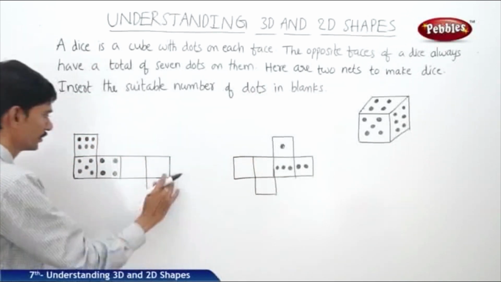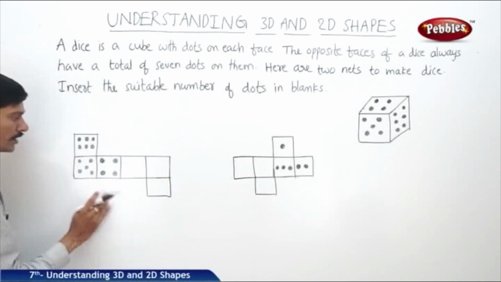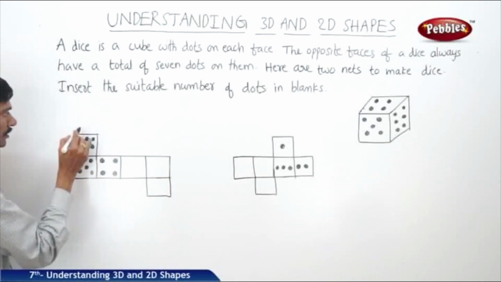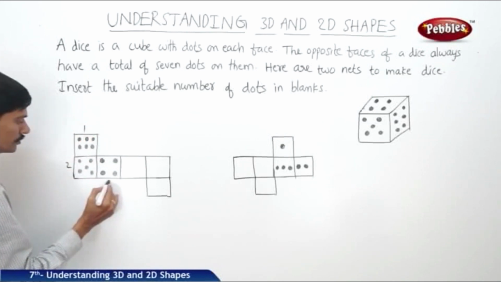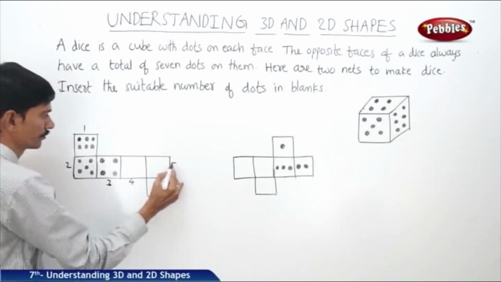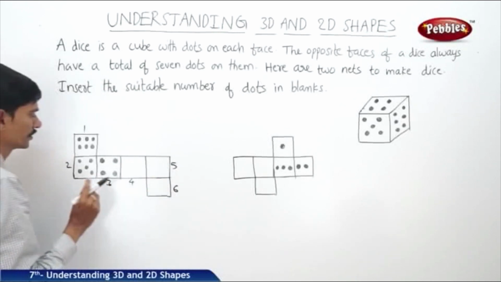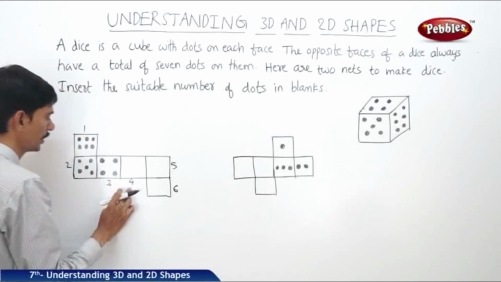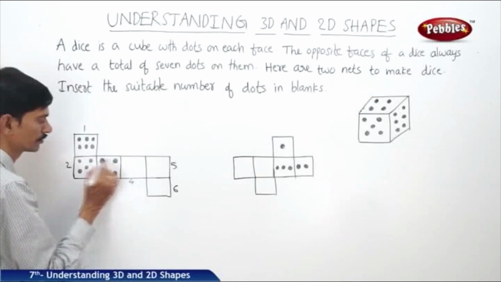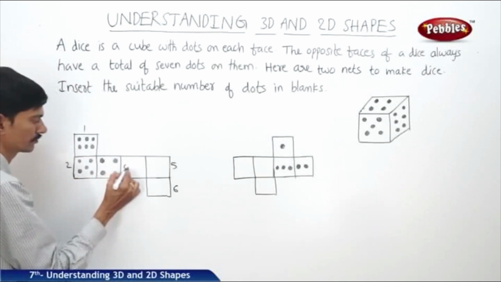Now if you take the net figure of any dice, let us give the numbers to each face: 1, 2, 3, 4, 5, 6. Now as the face 2 has 5 dots on it, then its opposite face 4 will have 2 dots. Because 5 plus 2 is 7.